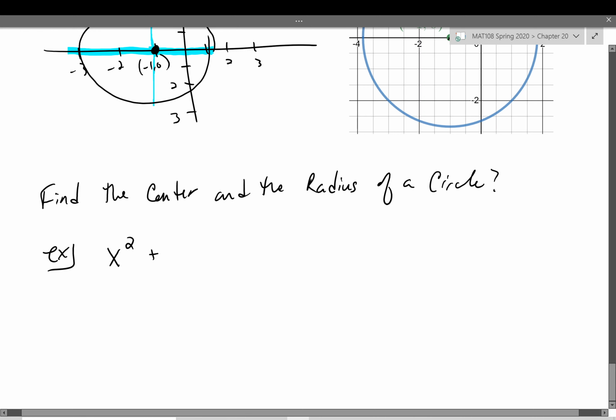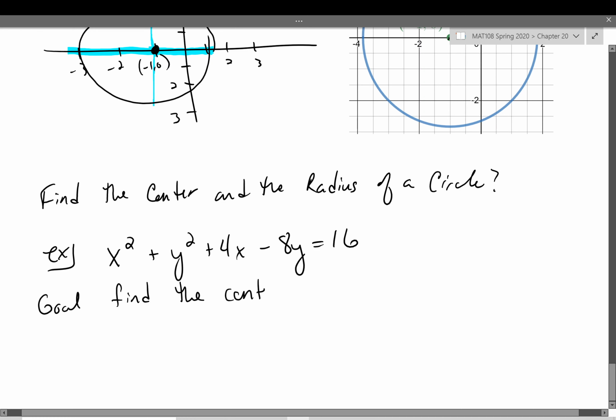So we have x squared plus y squared plus 4x minus 8y equals 16, okay? And our goal here is to find the center and the radius, then graph. Okay? Now, it's easier said than done.